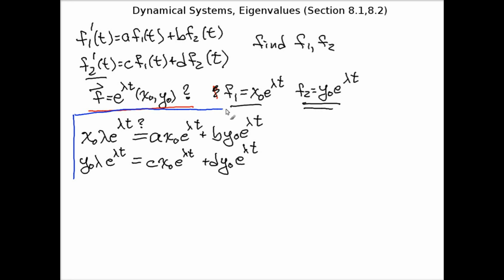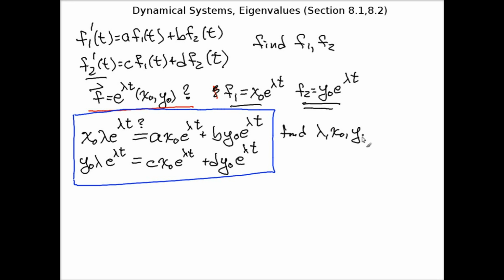I'm trying to find lambda, x naught, and y naught, which make this true, both of these equations. Well, here's the beautiful thing. E to the lambda t occurs in every term. And it's never zero. An exponential is never zero.